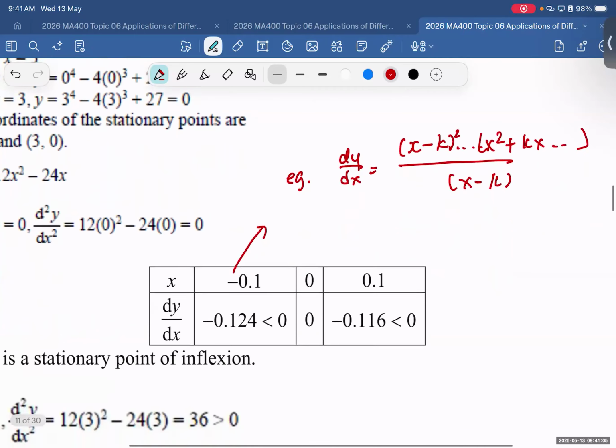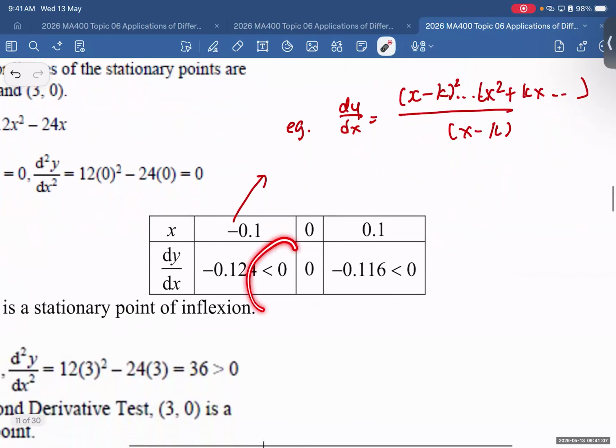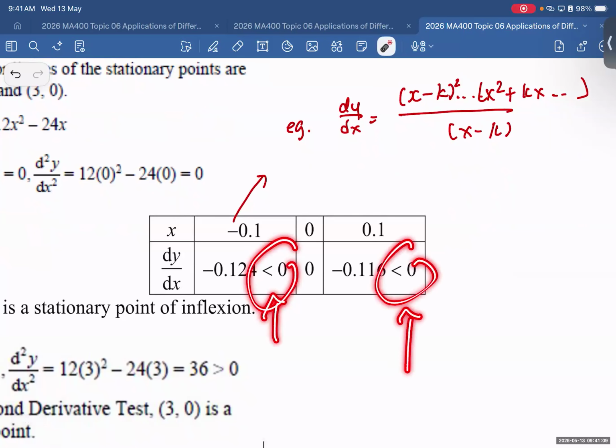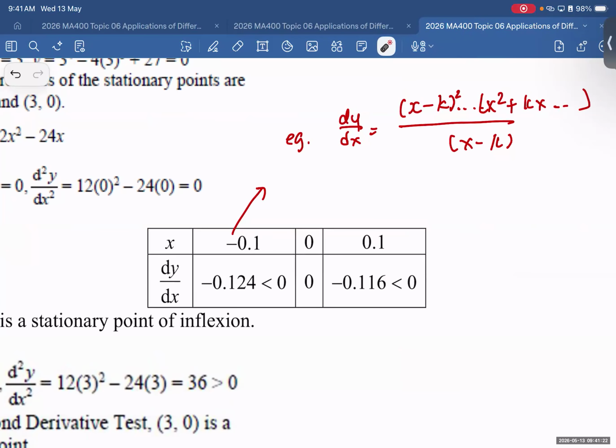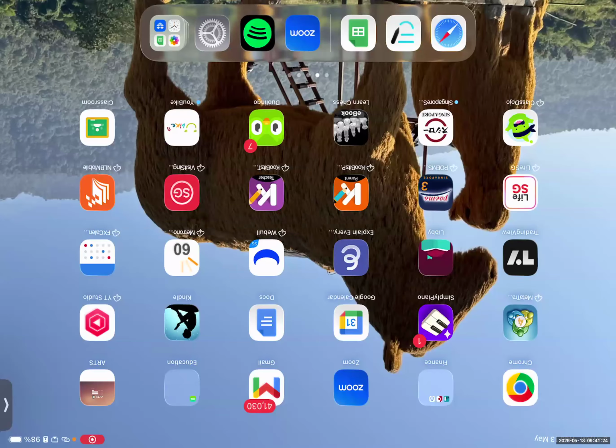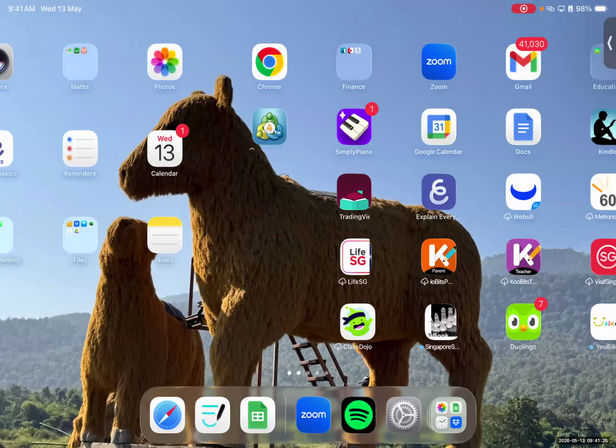Now, if you are doing first derivative, reminder, put down the number, put down the sign. Remember to have these two inside. So go and check your working. Let me see your first derivative test.